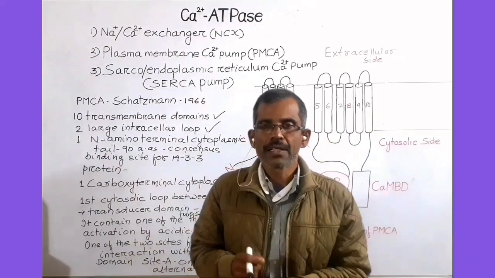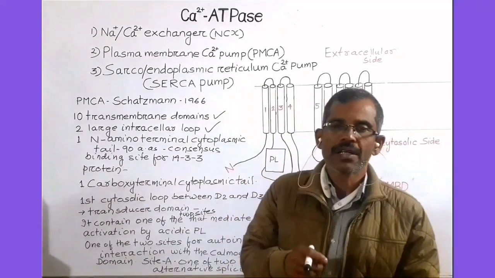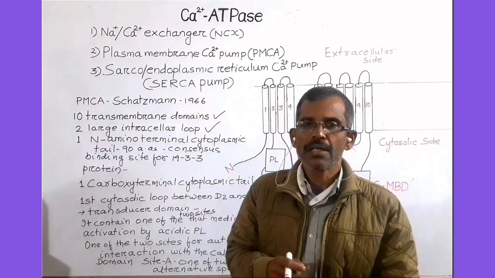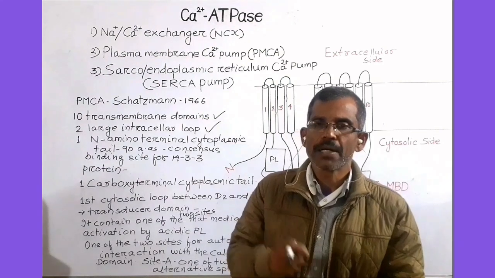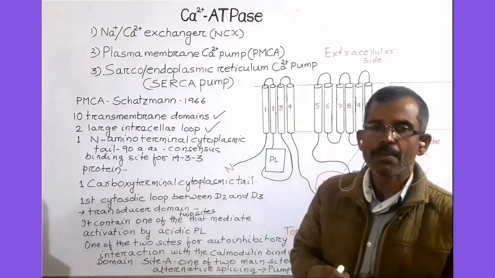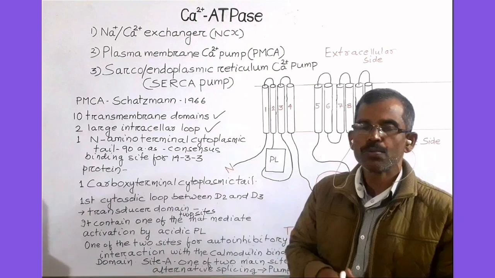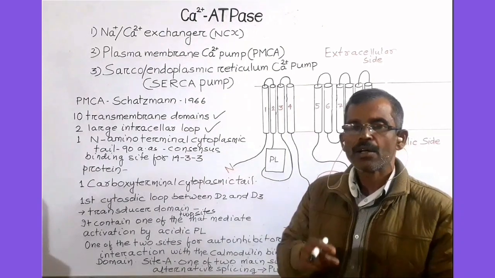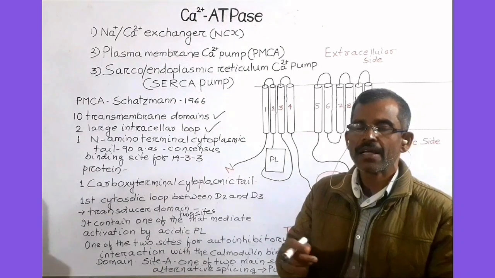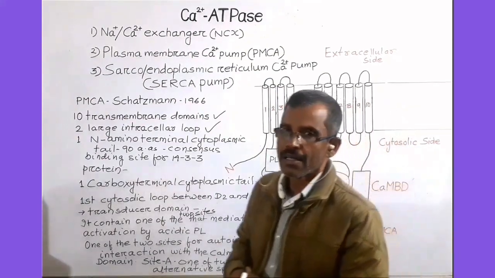It was then described and characterized in numerous other cell types. Structurally, the PMCA is predicted to consist of 10 transmembrane domains, 2 large intracellular loops, one N-terminal cytoplasmic tail and another C-terminal cytoplasmic tail.